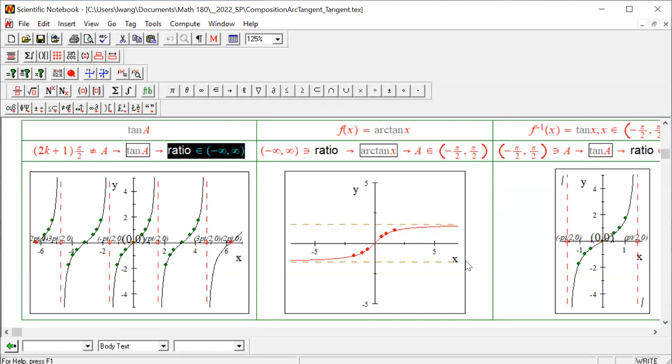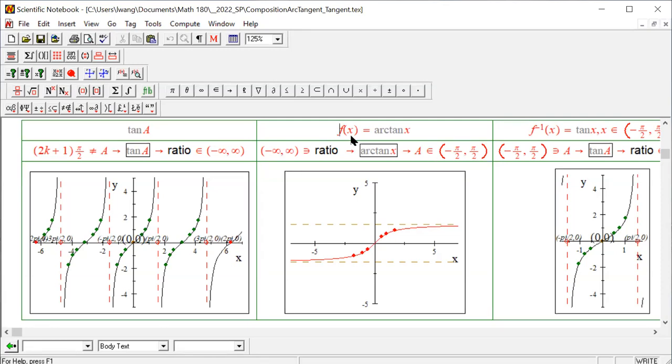Arctangent, however: we know tangent does not have an inverse because it is not one-to-one. So we created an arctangent. This arctangent has a domain which takes a ratio, and the ratio can be any real number, and produces an output that is an angle between negative pi over 2 and pi over 2.